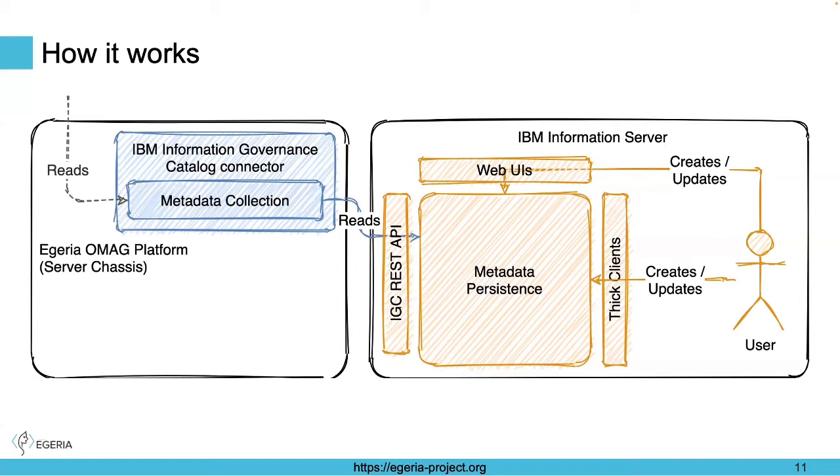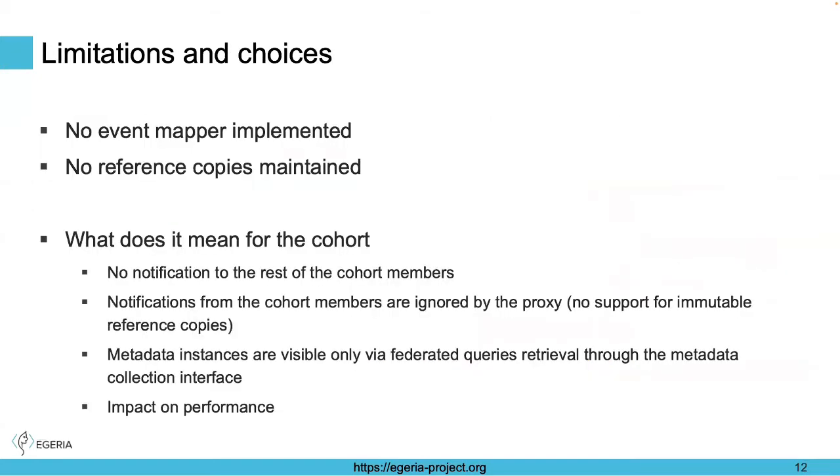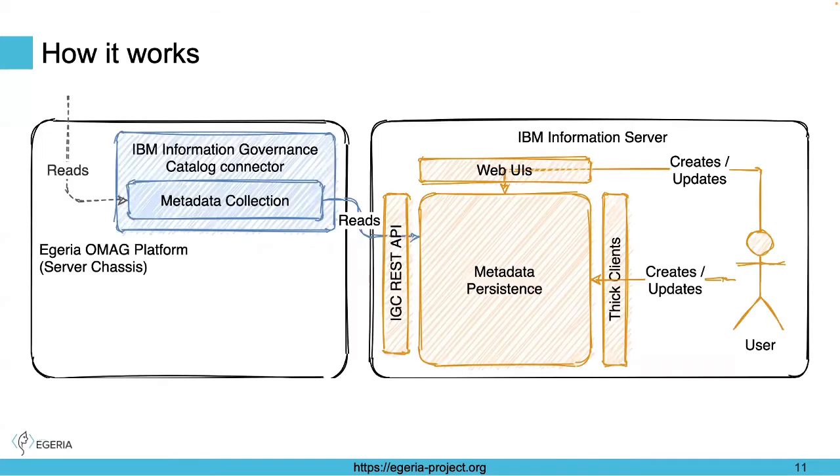As I mentioned before, you will not see the other component here, which is the event mapper, simply because of the limitations or the instability of that interface at that point in time. So what does this mean for us? Another thing I forgot to mention is that this pattern you can see here is read-only.